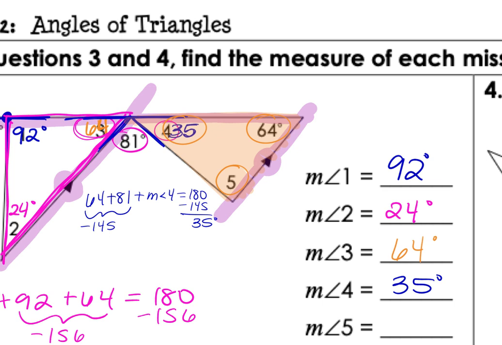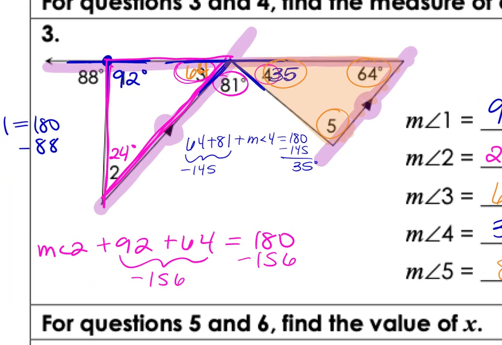What do you get for that? 81. Do you see alternate interiors there? Here were your parallel lines, right? If this is your transversal, these are alternate interiors. So you could have gone that route too.